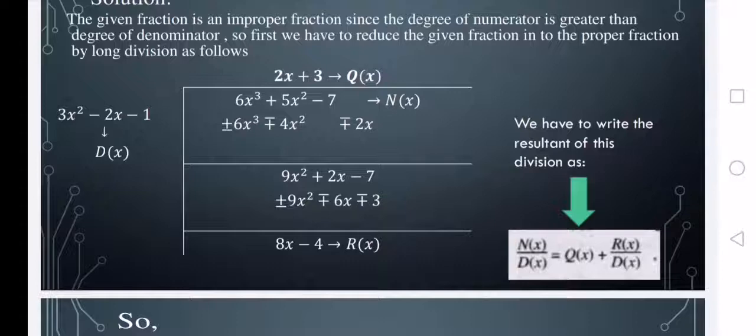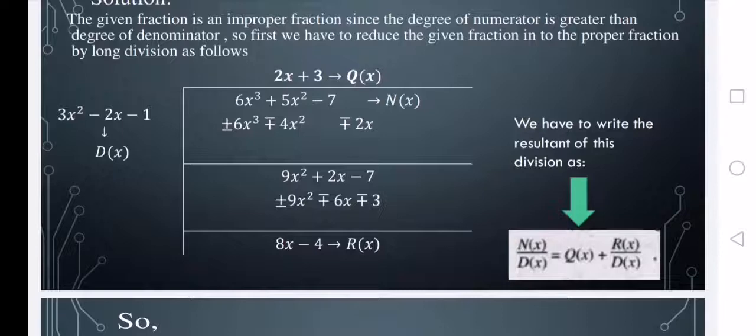Now you can easily observe that we have the quotient, numerator, divisor, and remainder, and they have been indicated by the arrowheads. We are going to write the resultant of this division as Nx by Dx. Nx means 6x cube plus 5x square minus 7, and Dx means 3x square minus 2x minus 1, is equal to Qx.